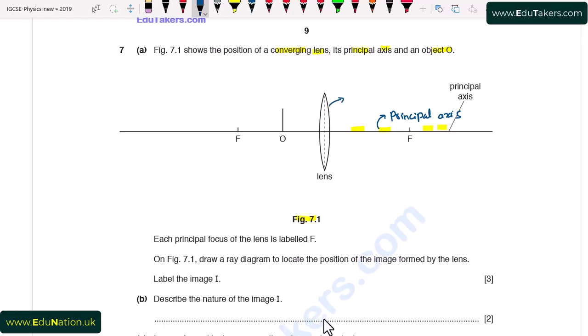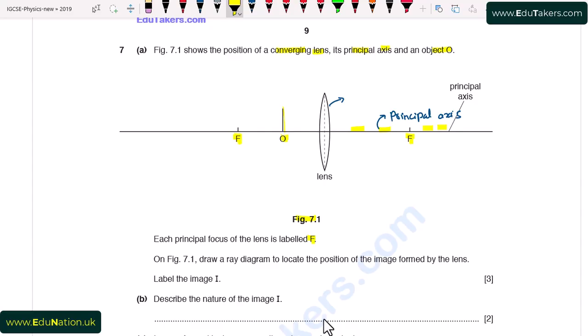It is used to converge rays at a point. At the position O, we have placed the object. F is the focus point that is on both sides of this lens. Each principal focus of the lens is labeled with F.